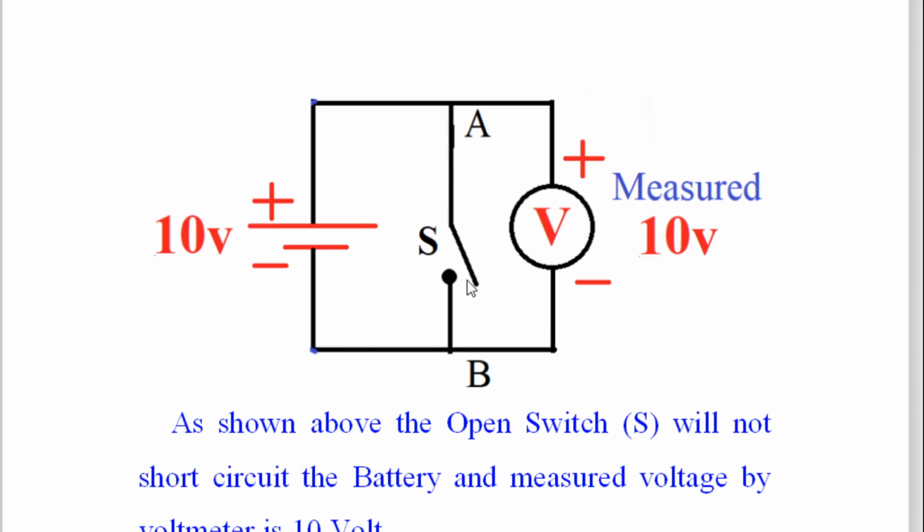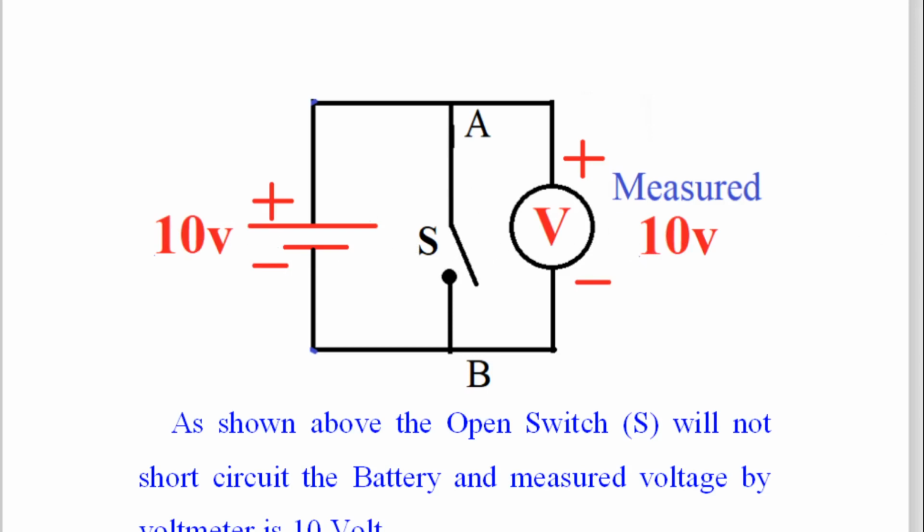Now the voltmeter, switch S, and battery all are in parallel to each other.